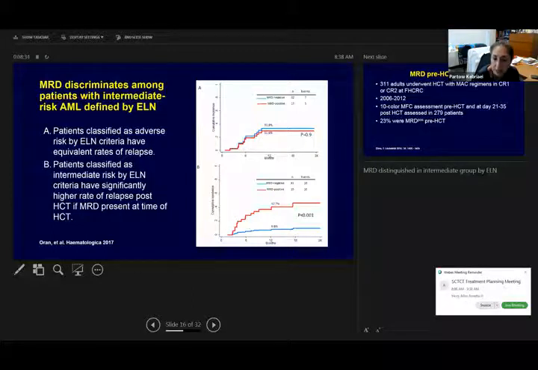But when we looked at the intermediate group, those patients who were MRD positive did significantly worse compared to MRD negative. And I think this nicely illustrates that MRD is one tool that, if we use in conjunction with other existing tools, gives us an even more powerful form to try to discriminate amongst patients.